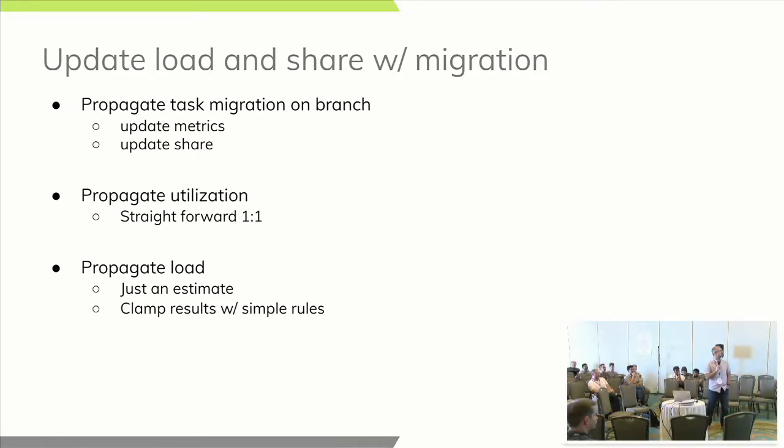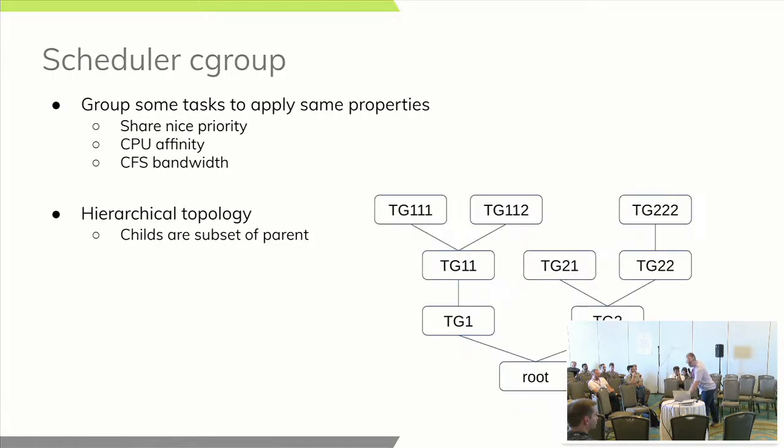So that's for the CFS load. Now if we come back to the C group, there is a new C group that has just been merged, which is called the UClamp control group.